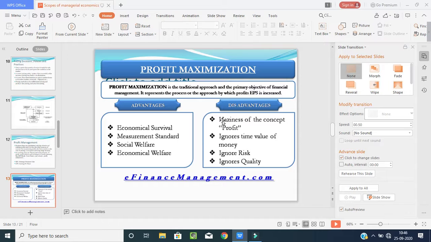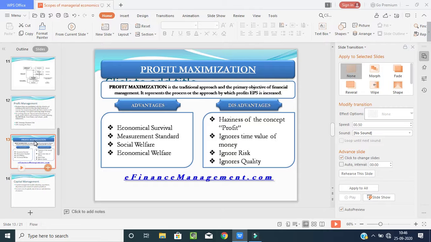Depending on that, if the product is more risky, or quality is not perfect, or the time value of money is ignored, then he should not step into that approach. So we have to be very careful. It is the responsibility of the manager. As you are engineers, you should know the economic terms and what the quality of goods is. Depending on those approaches, you have to focus and work on it.